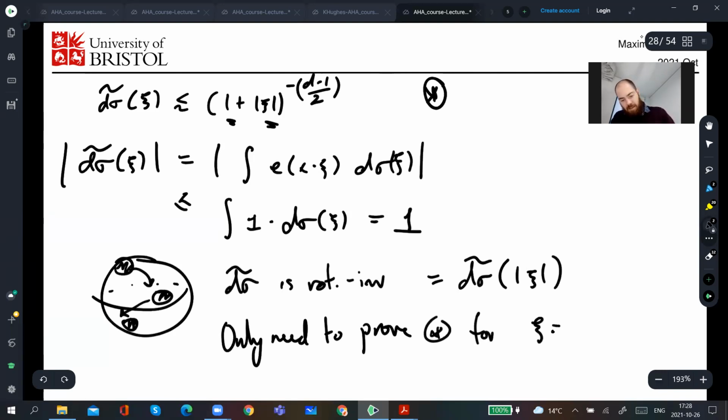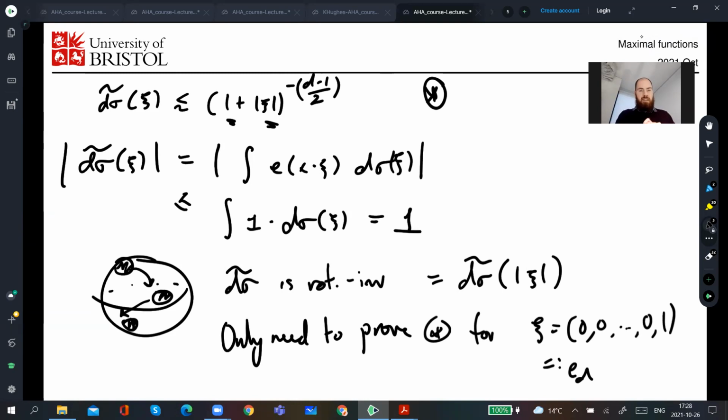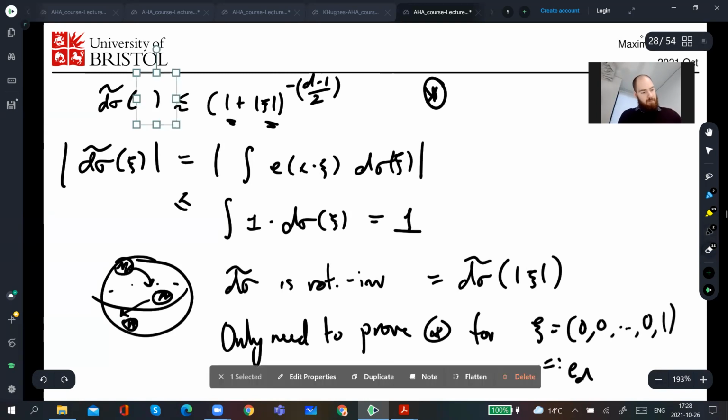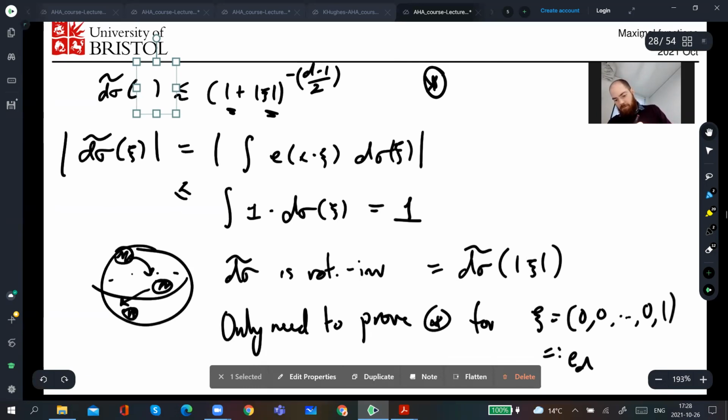For c equal to 0s and 1, which I'm going to write as e_d. That's the standard, e_i is the standard unit vector, which is 1 in the ith coordinate and 0 everywhere else. Okay, so all we have to do in proving this is prove the bound for c equal to some r times e_d.